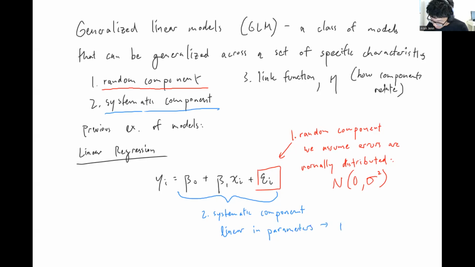So our function looks something like this if you have it in matrix form. And our link function is an identity.